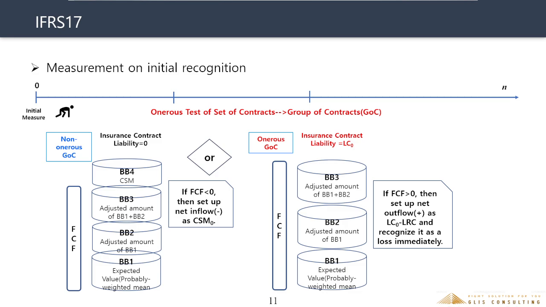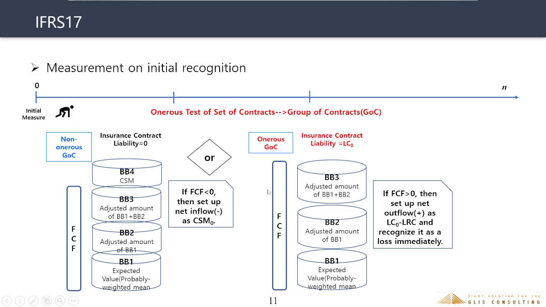And then you also set up the liability for remaining coverage, loss component side. So I'm going to show an example, but the onerous test is going to give you the ability to distinguish a non-onerous or onerous group of contracts, and then we measure it based on that.